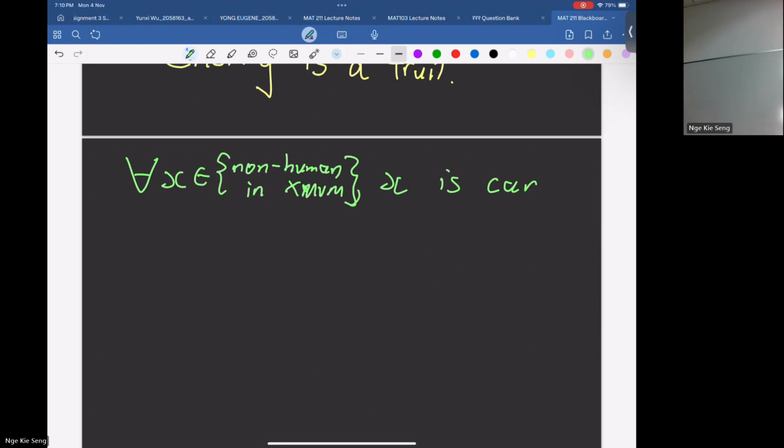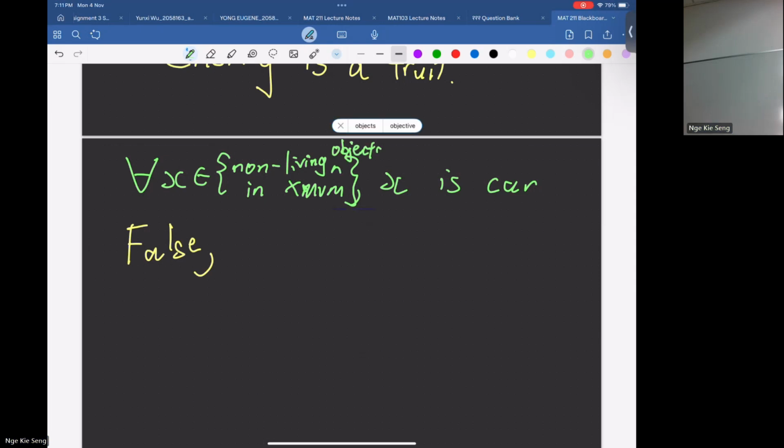False. Why false? A cat. No, I pick from non-human. Oh, non-human. Okay, change. Non-human is too easy. Non-living is good. Non-living object.